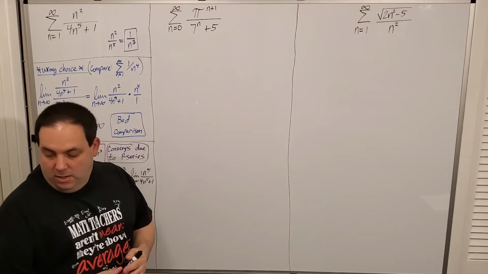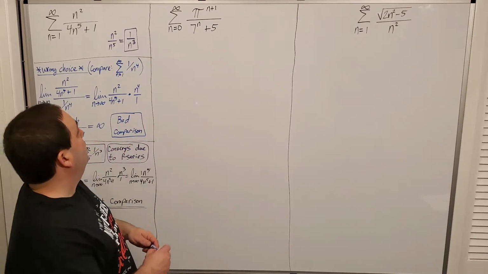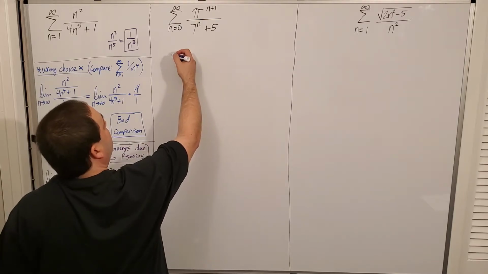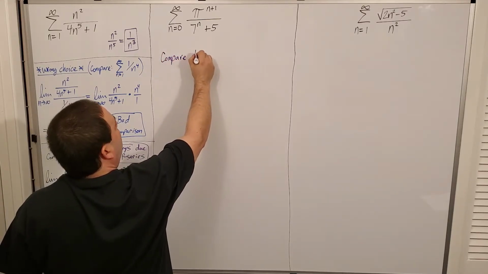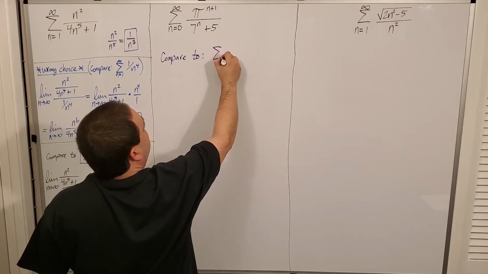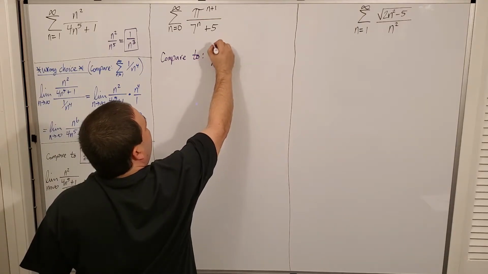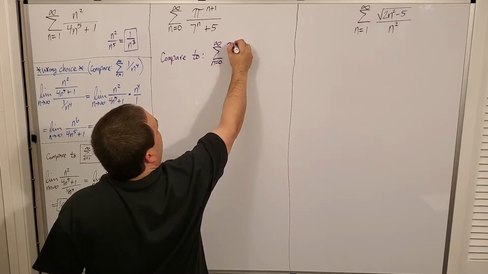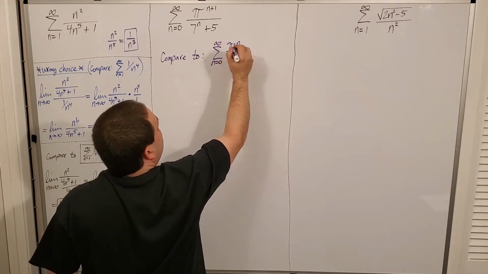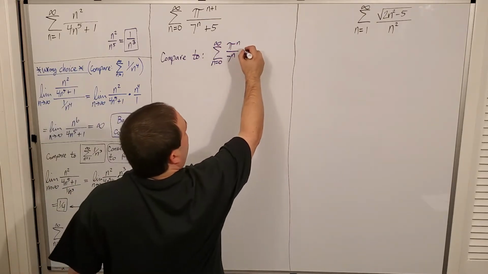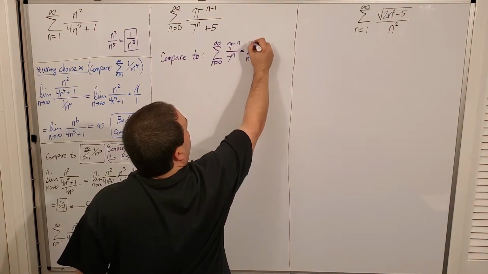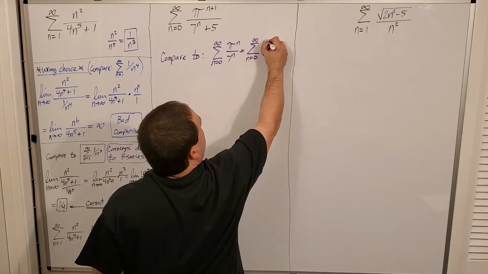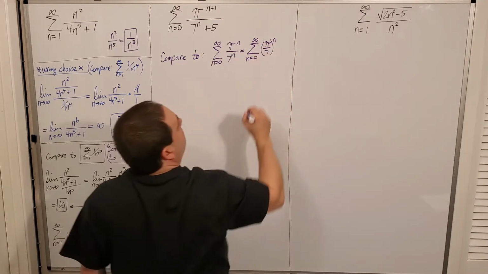For this one right here, I'm going to compare this to the sum n equals 0 to infinity of pi to the n over 7 to the n, okay, which is equal to a geometric series, pi over 7 to the n.